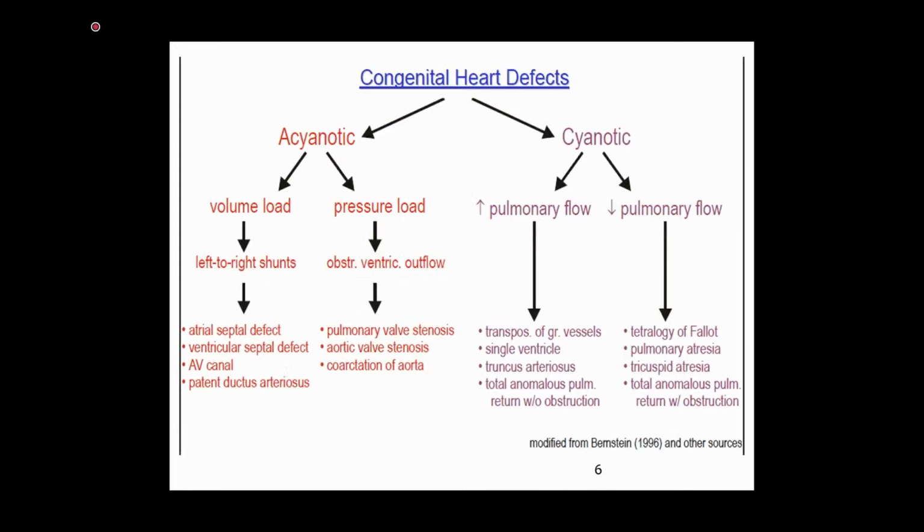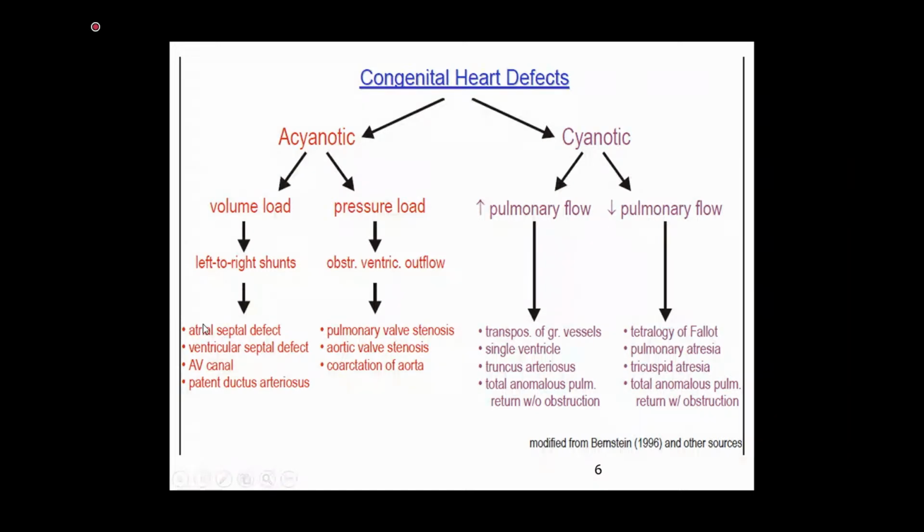I will summarize it that usually we have the ones that do not have cyanosis and the ones that have cyanosis. So when we go to the ones that do not have cyanosis, the problem might be that there will be excessive volume load in the heart. Usually this is because of left to right shunts. When I say left to right, it means from the left atrium or left ventricle or the systemic circulation, which is through the aorta, back into the pulmonary circulation, which we call the right circulation.